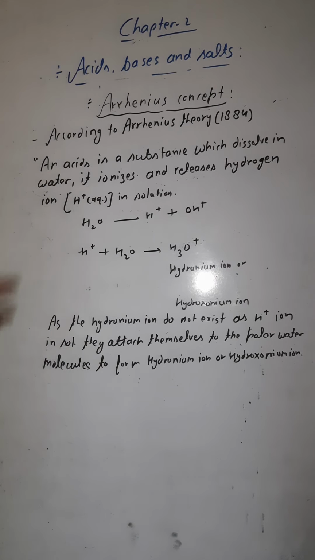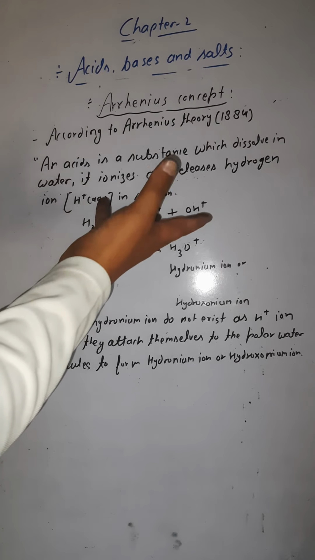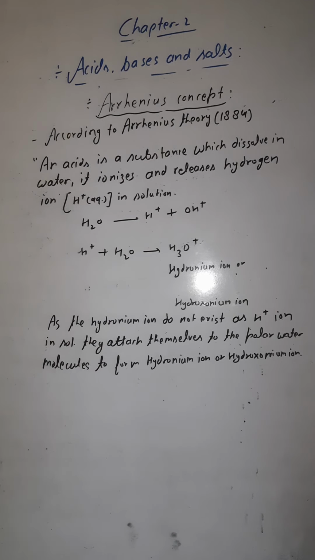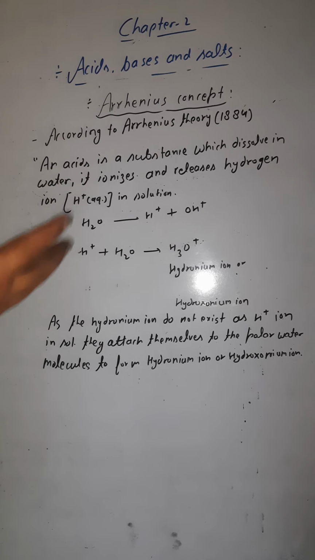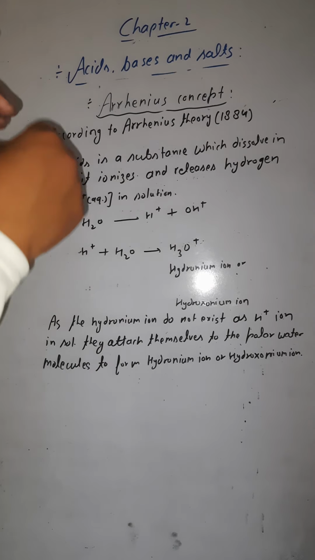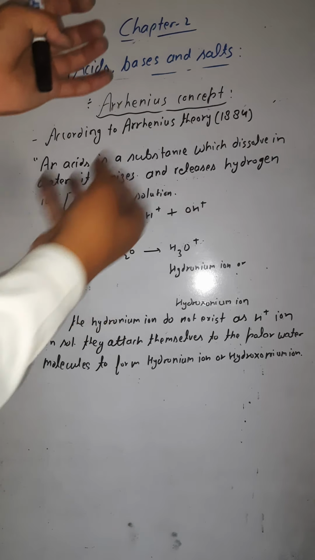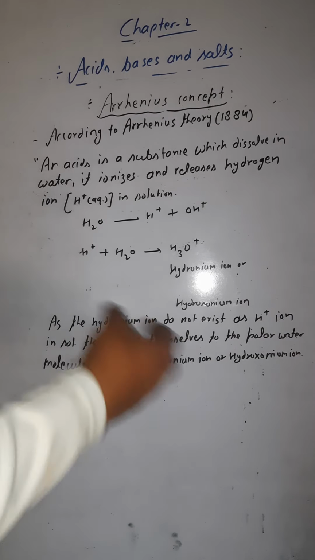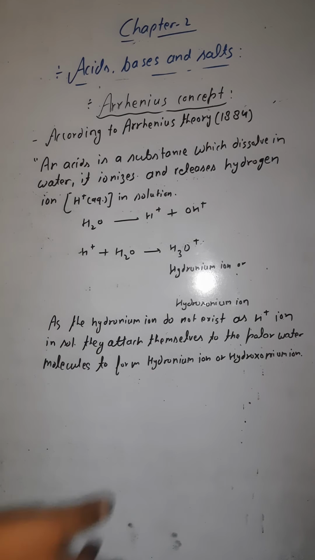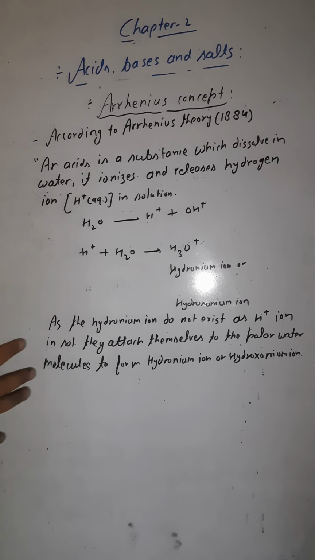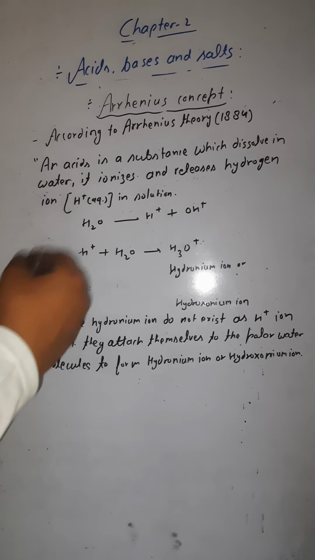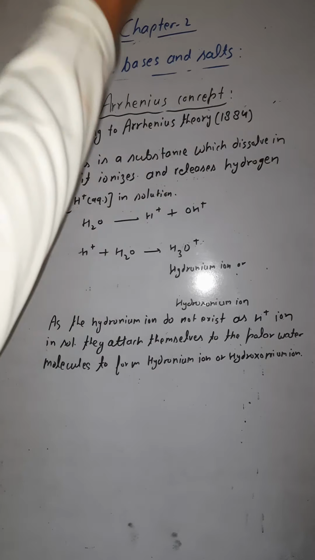Ions, you must know, when you dissolve something, it divides, it is ionized, into positive and negative ions. The positive ones are known as cations and the negative ones as anions. Hydrogen is a positive ion. So whenever you dissolve an acid in water, it releases hydrogen ion in the solution.